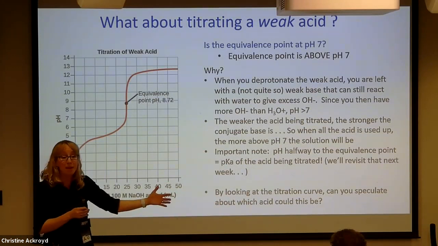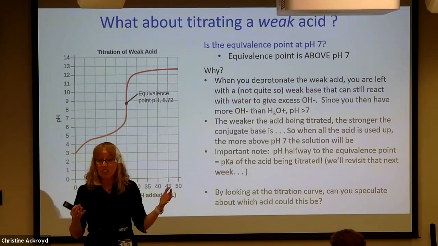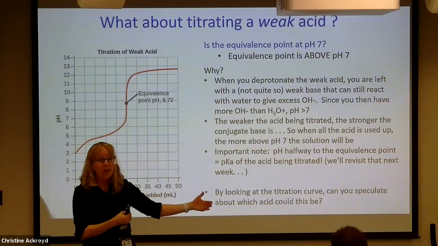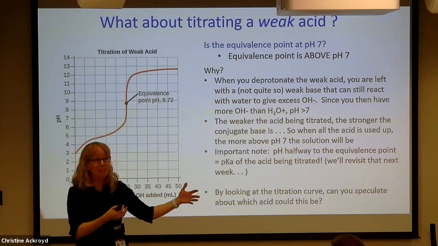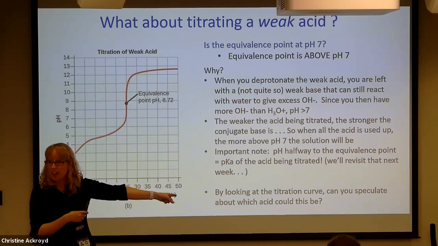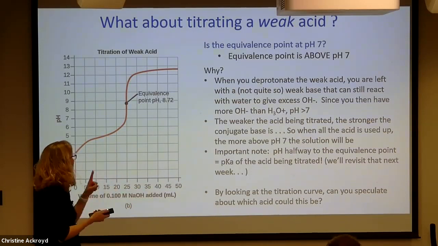Does it have some base level reactivity with water? Okay, so we essentially just made a solution of a weak base, right? And what happens to the pH of a solution of a weak base? What we make is a slightly basic solution. That base reacts with water to produce what? Some hydroxide ion. So what happens to the pH? It goes up. Yeah.